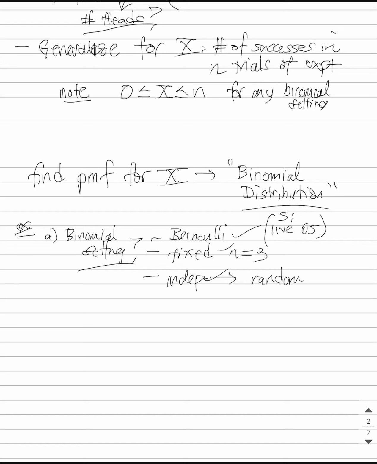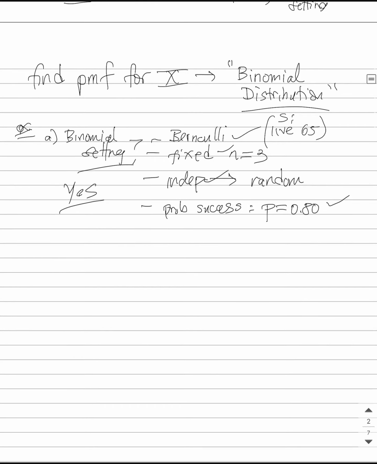They may not have the same genetic factors or health factors or environment or any of the sort. Finally, the probability of success, which we are going to call little p, is given as 80%. We are going to assume that that applies to every person in this binomial setting. So yes, this type of situation can be modeled with a binomial setting.